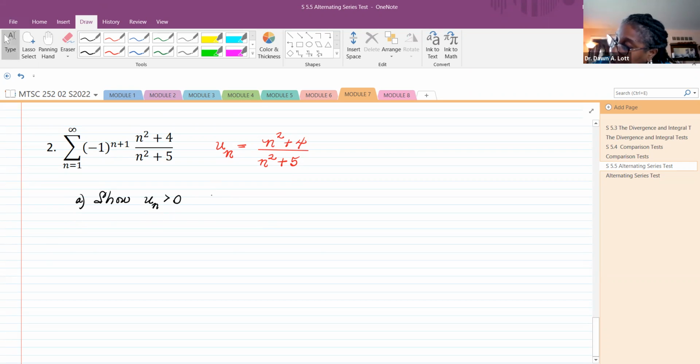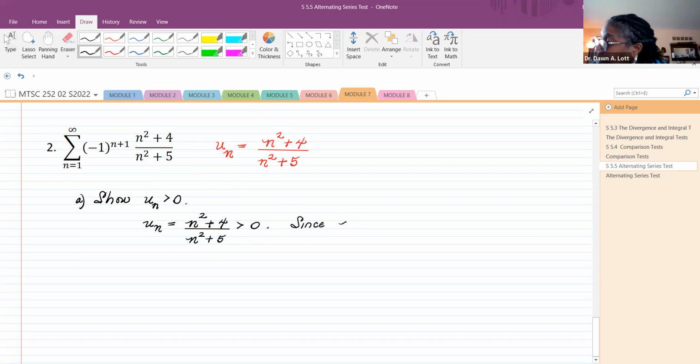All right. So we have u_n equal to n squared plus 4 divided by n squared plus 5. And we need to show that's greater than 0. Since n squared plus 5 is greater than 0, we can multiply both sides and get n squared plus 4 is greater than 0.